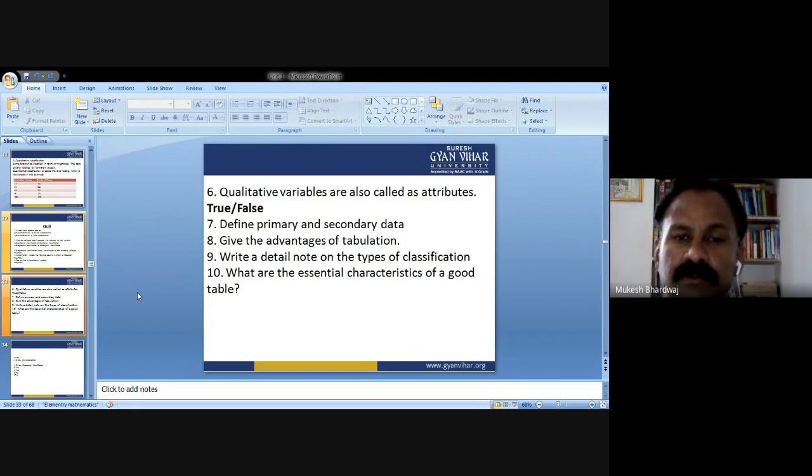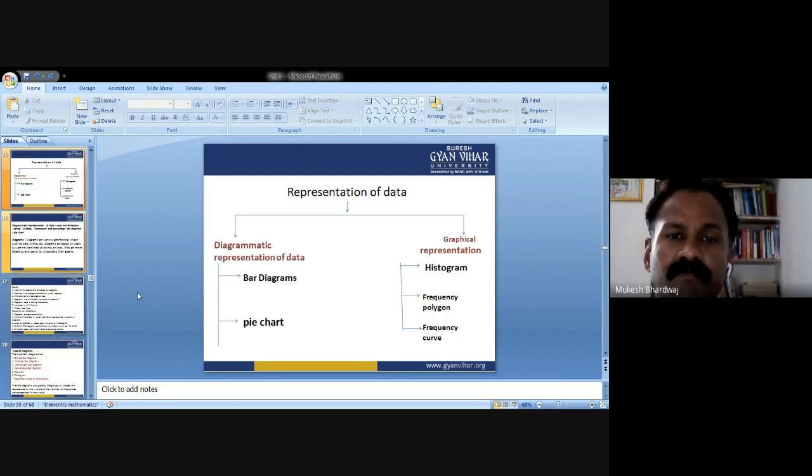Okay. After that, these are the representation of data. After completing the types of data, the most important topic is to represent the data. How are you going to represent the data? So data can be broadly represented by 2 methods. One is diagrammatic representation of data, and its further subcategories are bar diagrams and pie charts.